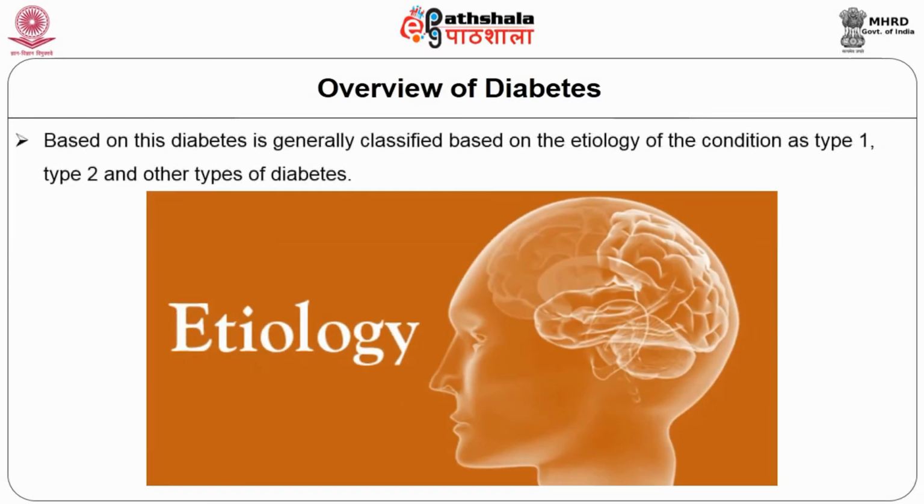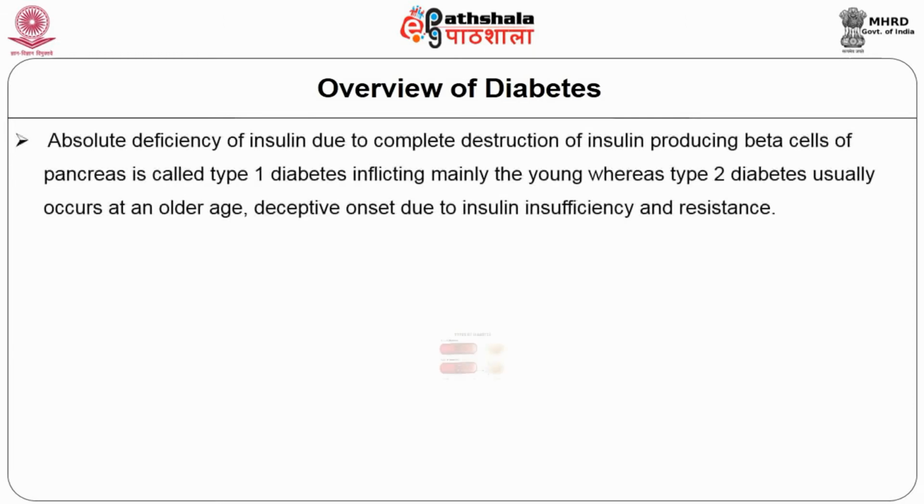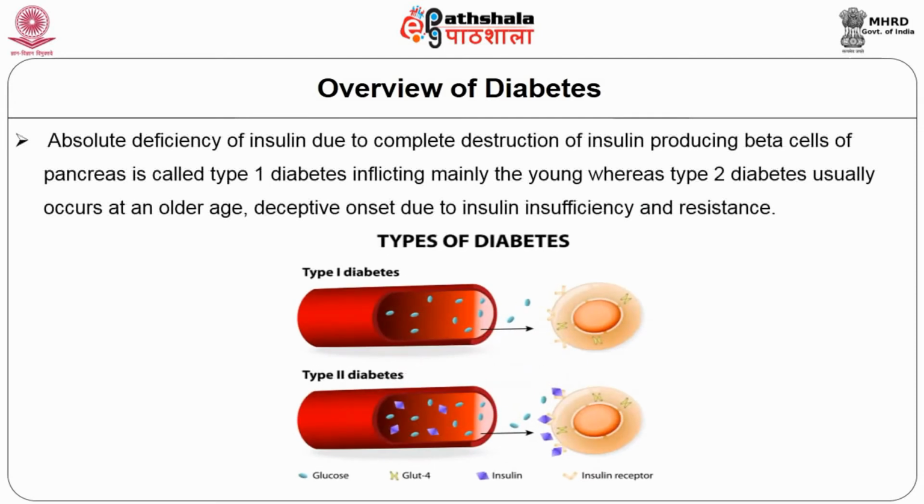Diabetes is generally classified based on etiological factors as type 1 diabetes and type 2 diabetes. Absolute deficiency of insulin due to complete destruction of beta cells is called type 1 diabetes. It mainly afflicts the young, whereas type 2 diabetes usually occurs at an older age with a deceptive onset, due to insulin insufficiency and resistance.